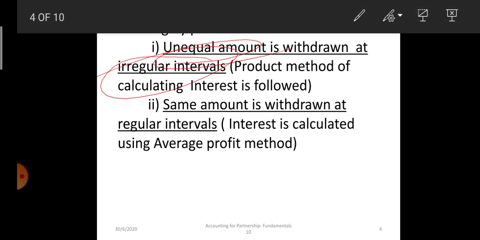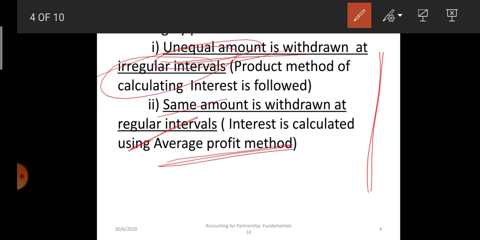Second, when the same amount is withdrawn at regular intervals, the average period method will be used. We will be discussing both these methods in the coming slides.